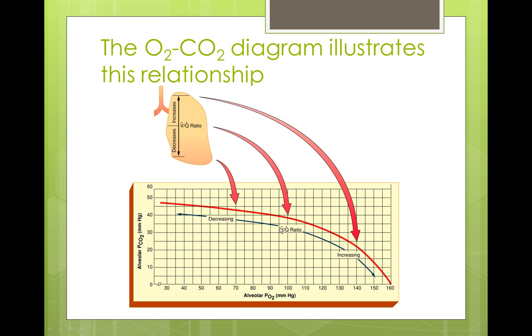Now you'll notice that CO2 doesn't begin to rise a whole lot in the alveoli, but keep in mind, when this does happen, the CO2 in the bloodstream will increase more. So it will most likely be a much higher value in the bloodstream. Again, this is alveolar CO2 and alveolar PO2, not what's in the blood, so we need to be aware of that when we look at a blood gas.